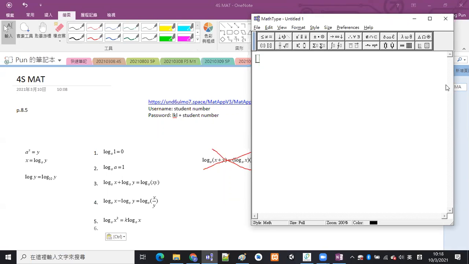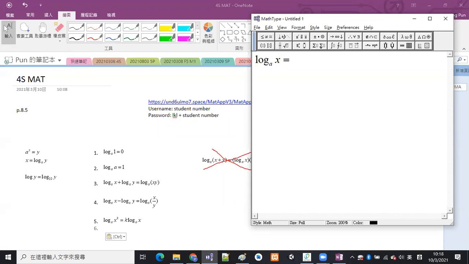The formula is like this. If we have log x base a, one of the logs is of base a, but base a is not the base that I want. I want the base of the log to be b.